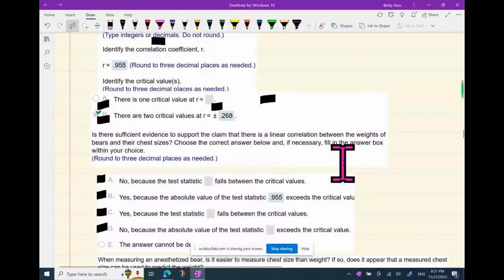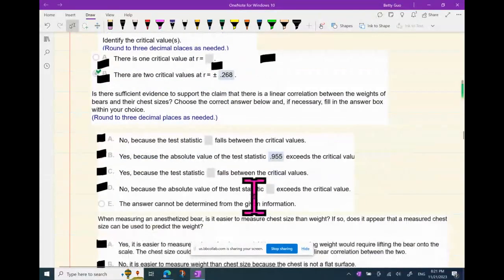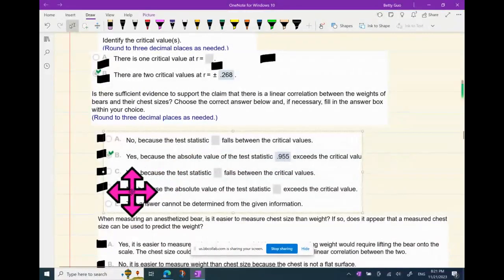When we reject the null, we support the correlation. So we choose the second one, because the absolute value of the test statistic exceeds the critical value. We should choose B.